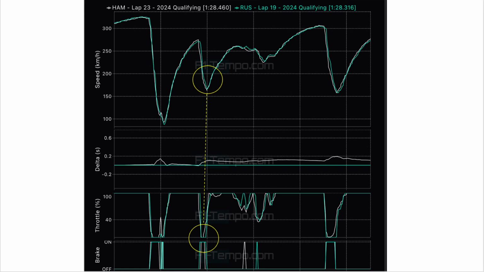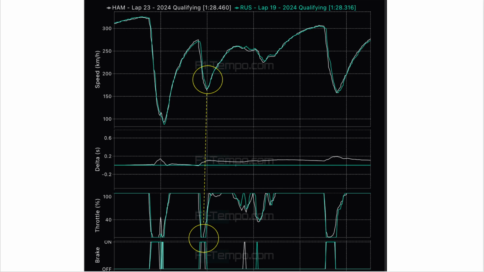The white line starts to drop before the green line does. Happy? Yep. And what we can see in the brake trace below that is that actually Lewis hits the brakes later than George does.